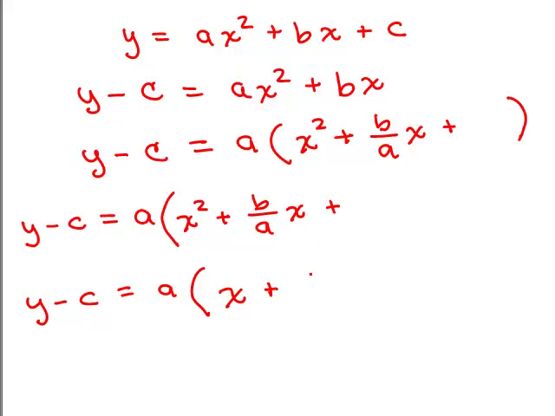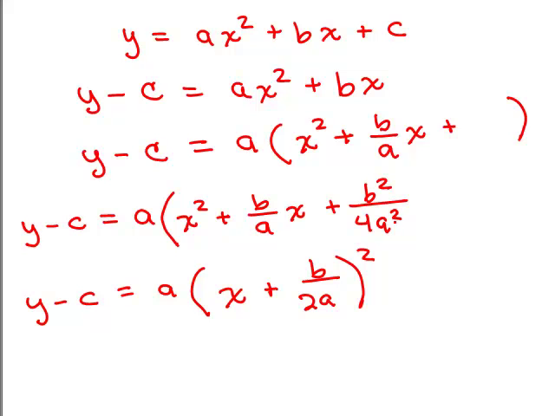Well, that would be b over 2a, right? One half times b over a is b over 2a, squared. Well, then what would be added inside of here would be the b over 2a squared. So I'd have b squared over 2a squared, which is 4a squared.